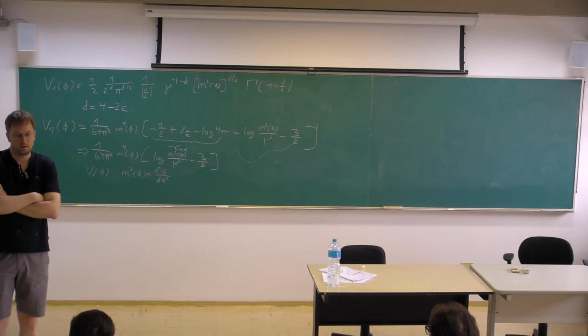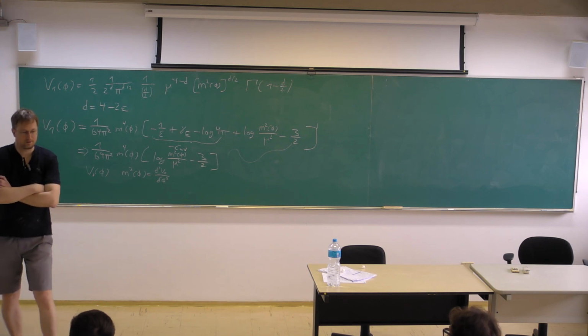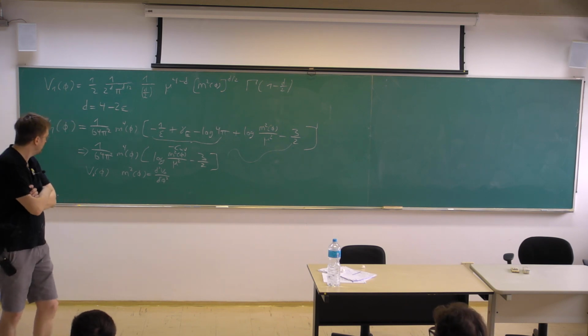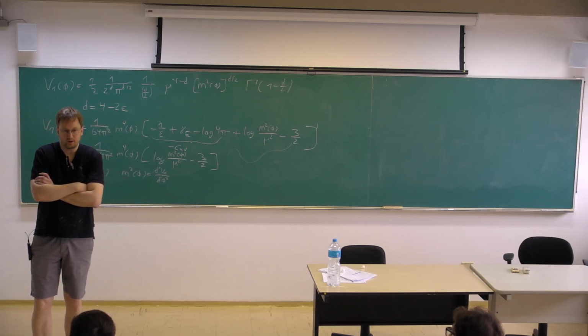In this whole process, you added a new parameter, this mu, which you use to expand the dimensions. How do you determine this parameter? We will see in a moment what it is really. I can tell you it's what is called the renormalization scale.